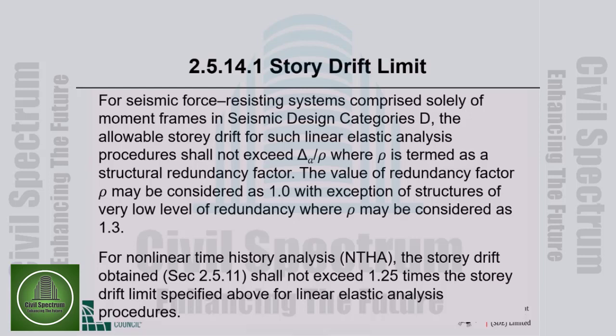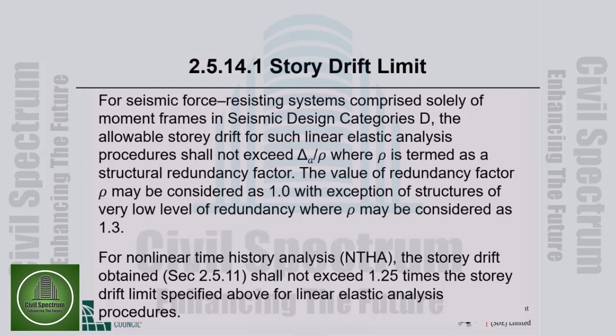This redundancy factor rho in ASCE 7 plays a very, very major role. In ASCE 7, rho is 1 for seismic design categories B and C, but for seismic design category D, it can be 1 or 1.3.